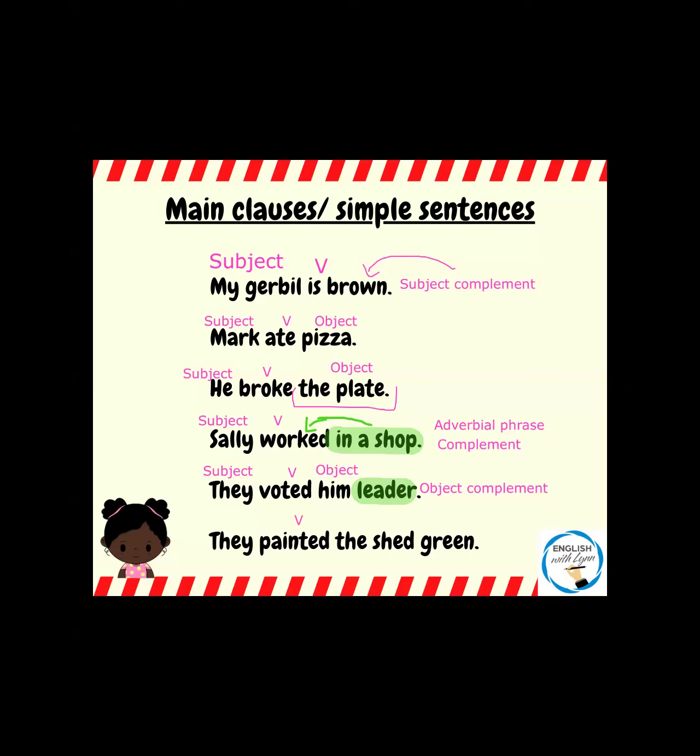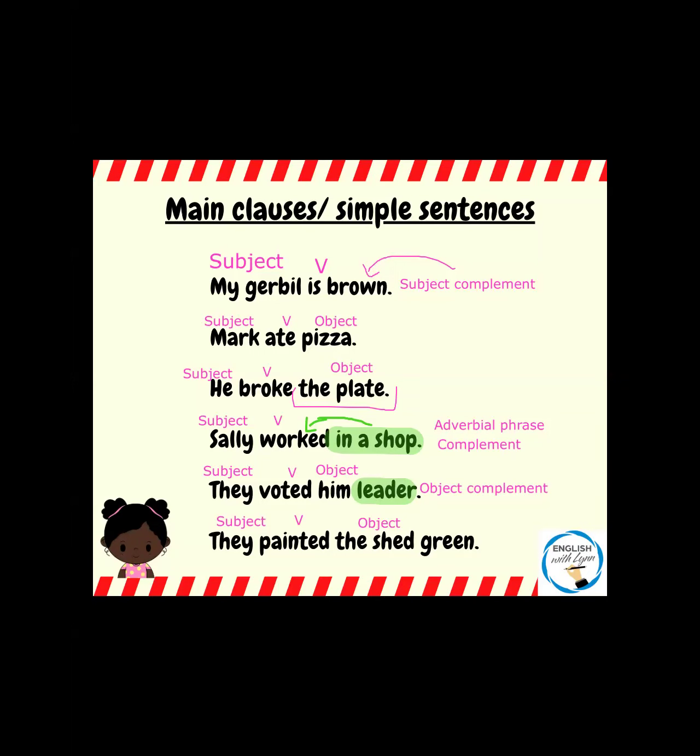Okay. And then I need to look again and think, is there an object in that sentence? What are they painting? And I can see here they are painting the shed. So that is my object. Okay, so we've got the very simple structure, subject, verb, object.